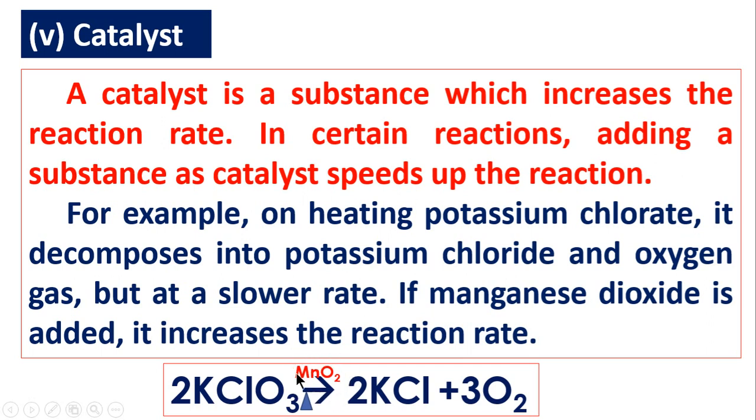The catalyst speeds up the reaction, so it increases the speed of the reaction. So, 2KClO3, with MnO2 as a catalyst, forms 2KCl plus 3O2. So, the catalyst speeds up the chemical reaction, making it very fast.